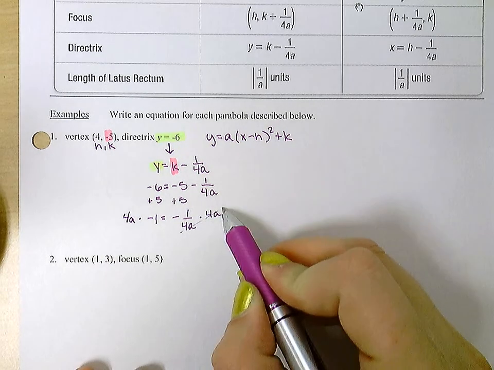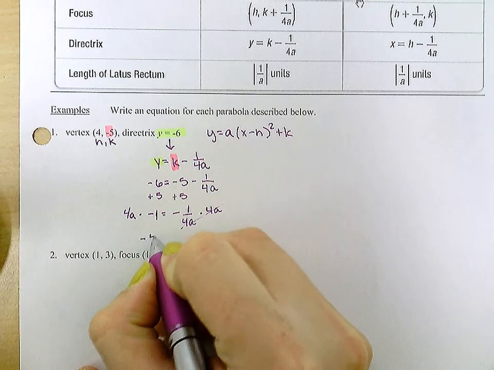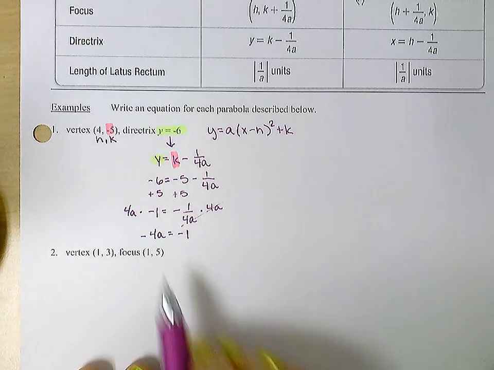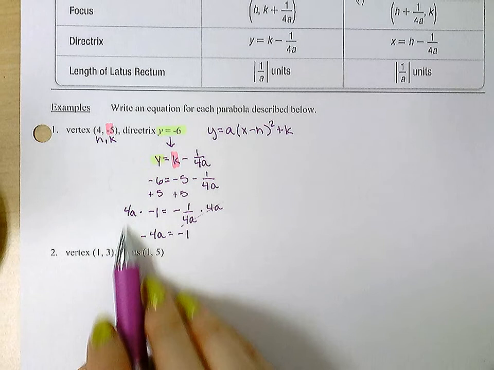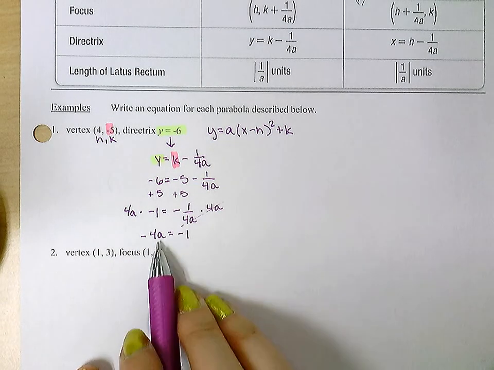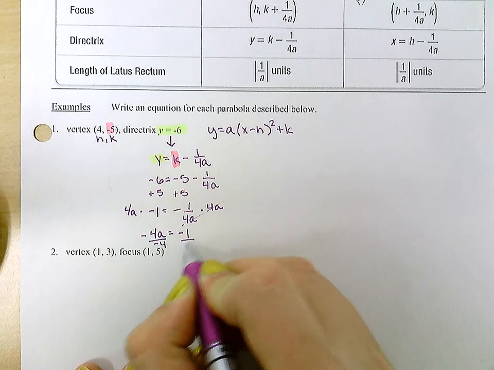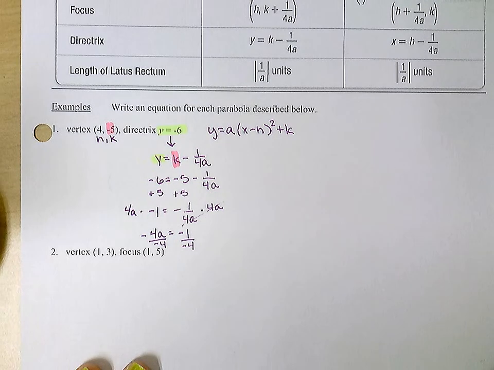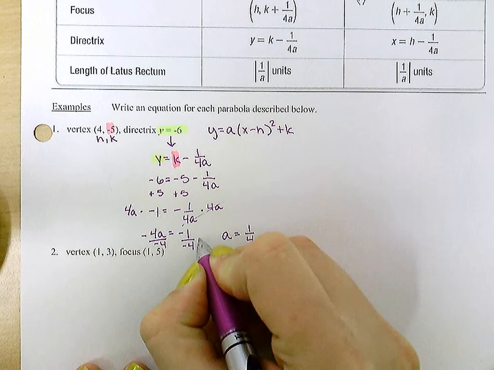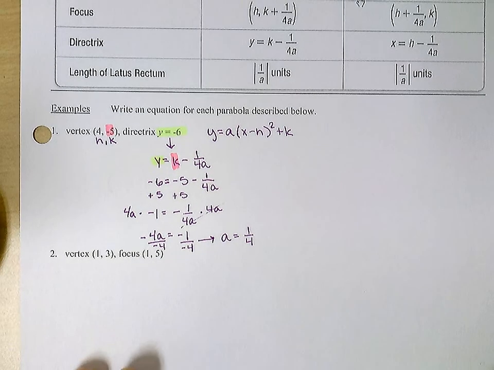That way over here they cancel each other out. So I have -1 times 4a, -4a equals -1. To get a by itself then, divide by -4. So I just get a is equal to 1/4.